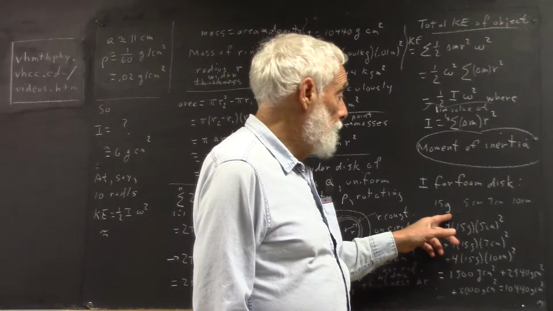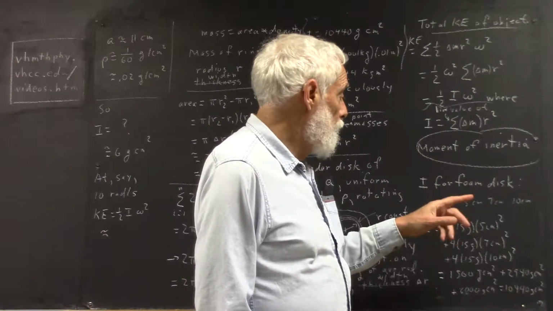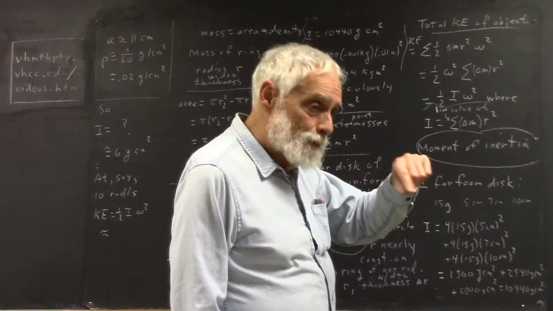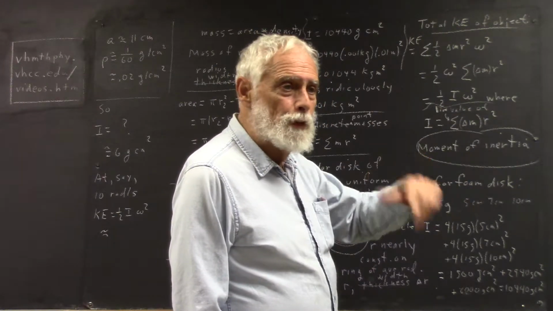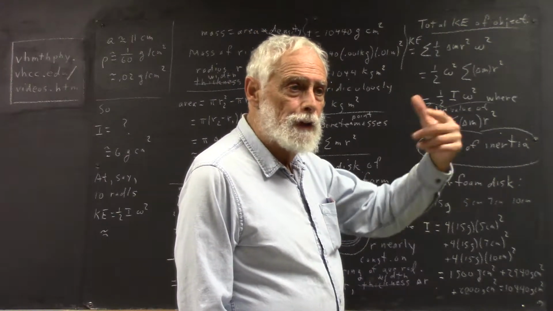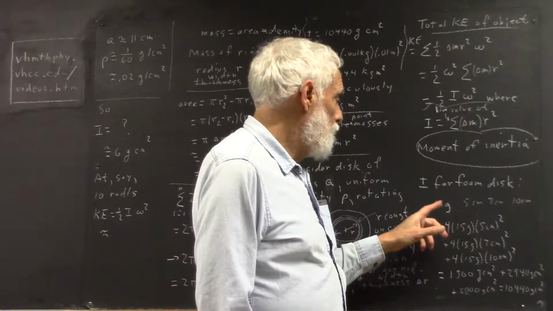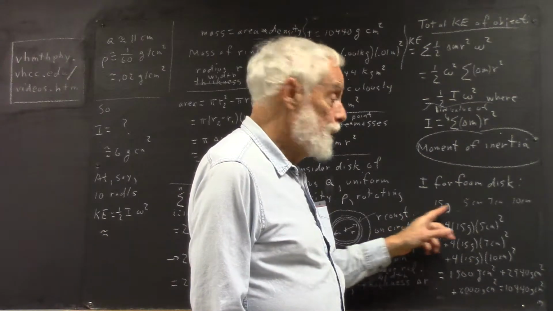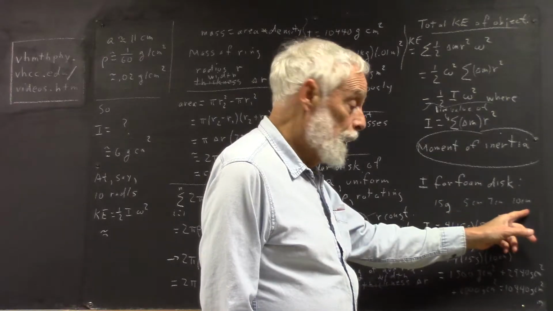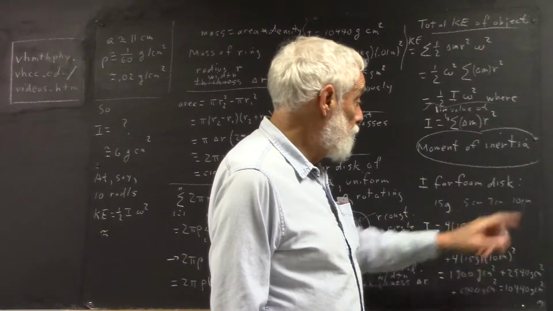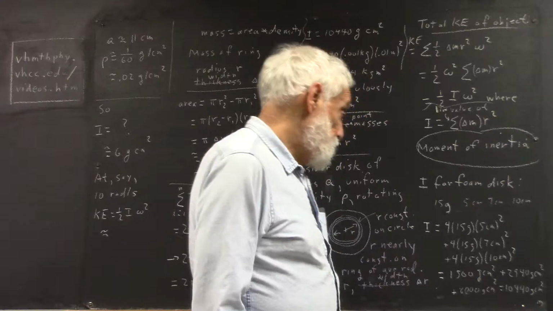We have 15-gram masses, and there are 4 of them. We have rings of masses with 4 of those masses in each ring. So we have 4 15-gram masses at 5 centimeters from the axis, at 7 centimeters from the axis, and at 10 centimeters from the axis.